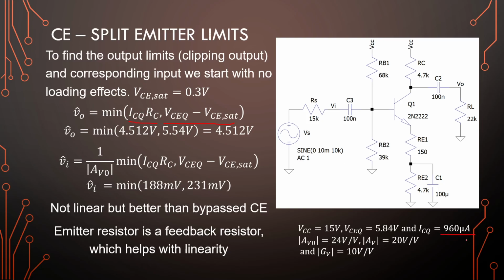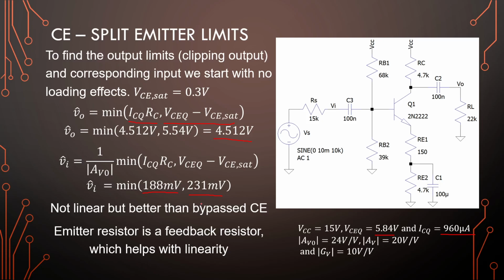It was at 960 microamps, and our VCE is a tad higher at 5.84 volts. Okay, so in the calculation, this will end up at 4.512 volts. Dividing by the maximum gain, we get 188 millivolts and 231 millivolts.